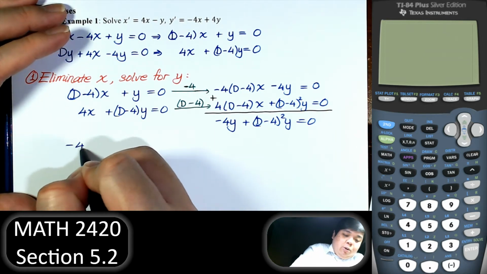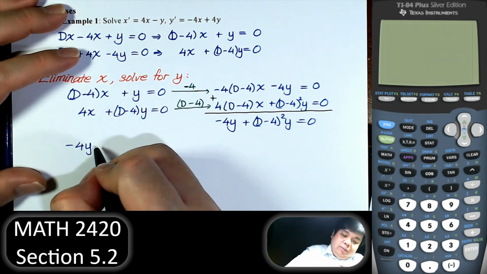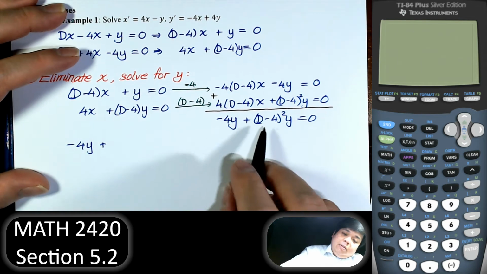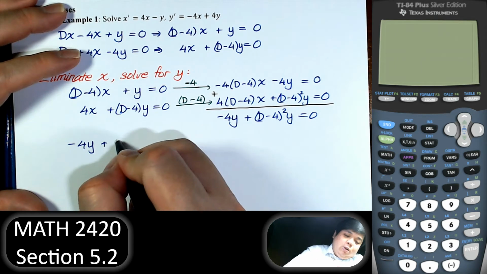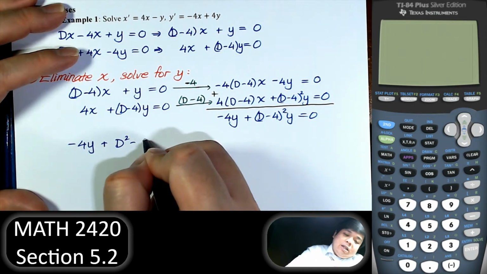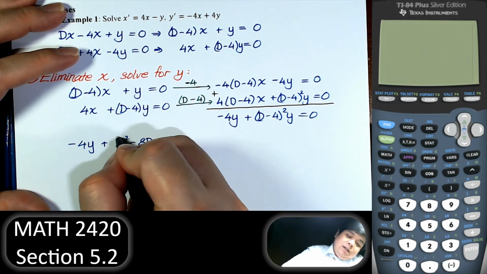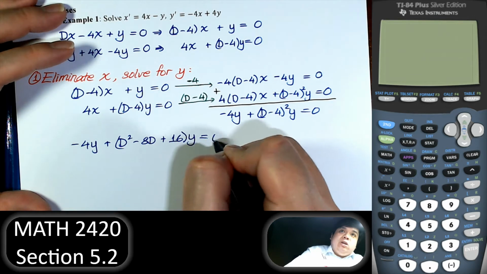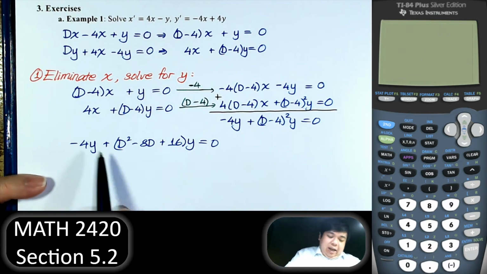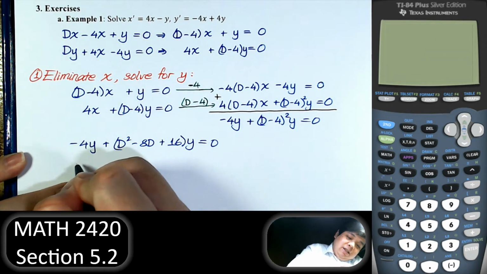So we have negative 4y plus D minus 4 squared will be D squared minus 8D plus 16 y equal to 0. And multiply this out.